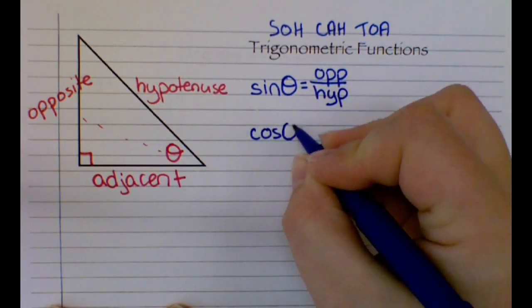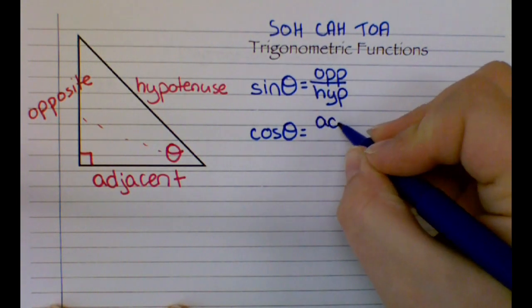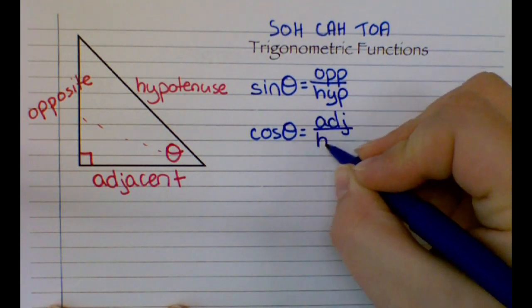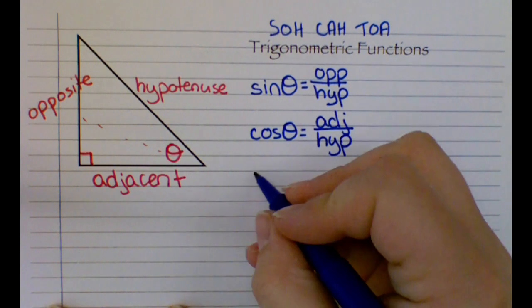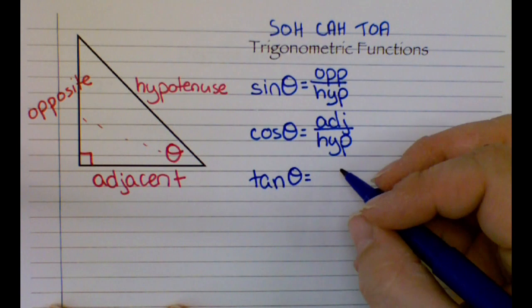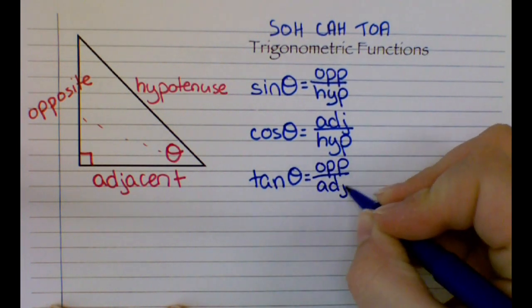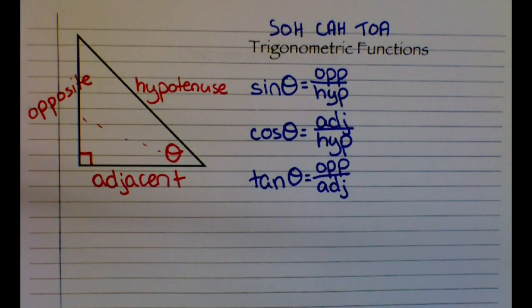Cosine of theta, that's CAH, adjacent over hypotenuse. And TOA is for tangent of theta, opposite over adjacent. Remember that you have to have an angle inside each of these trig functions, otherwise it is wrong.